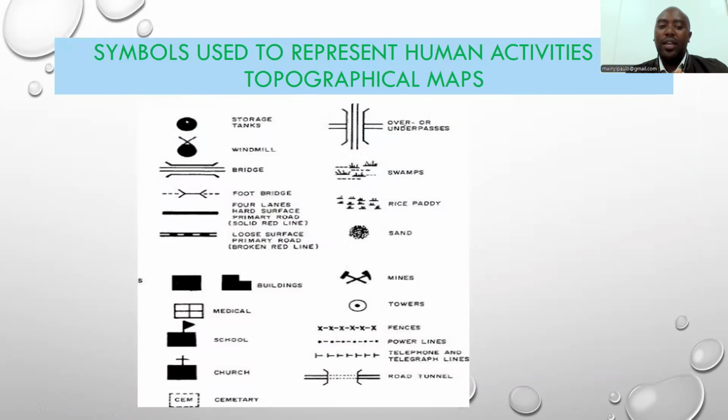on topographical maps. Kindly take your time, study them well, and I want to challenge you. For each of the symbols that you see here, that I've extracted from several topographical maps, ask yourself, which human activity is it representing?